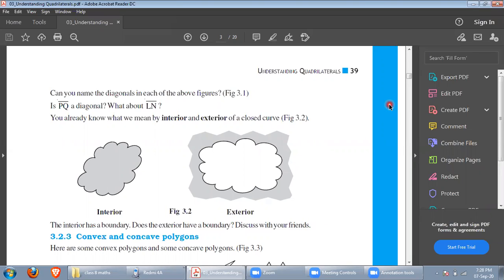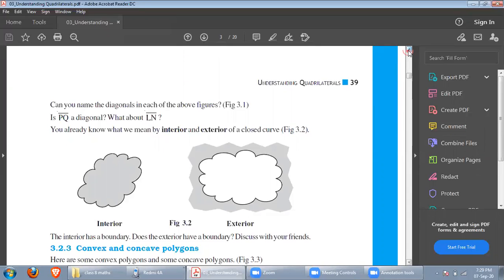All natural numbers are rational numbers, am I right? Yes, because every natural number can be written in the form p by q, where p and q are integers and q is not equal to 0. 1 can be written as 1 by 1, 2 as 2 by 1, 3 as 3 by 1, and 4 as 8 by 2 or 4 by 1, correct?